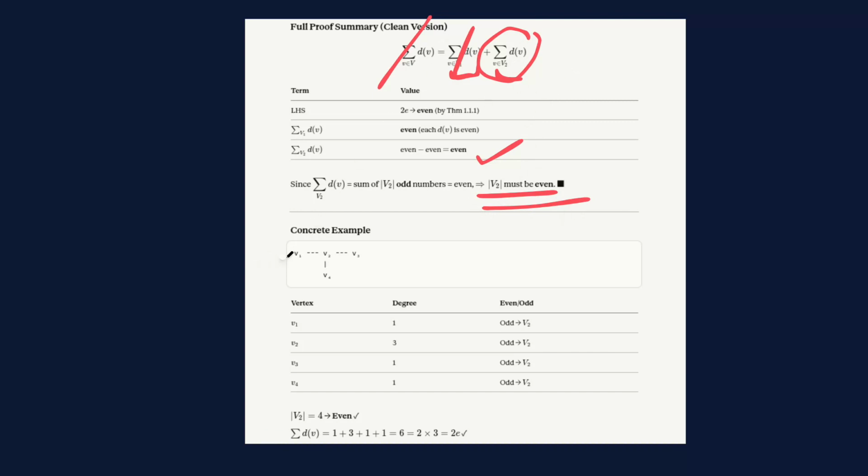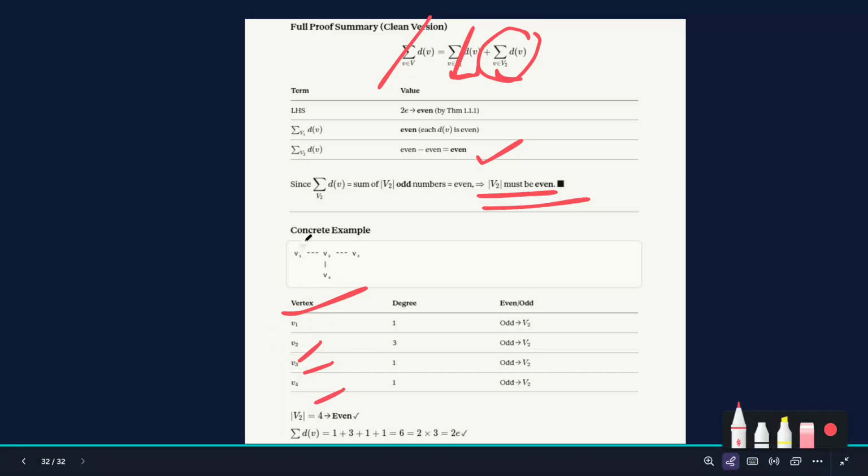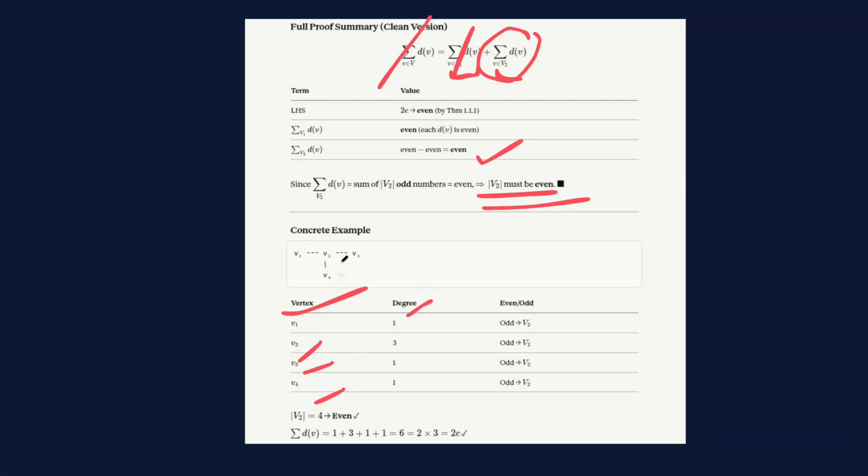Here you can see V1, V2, V3, V4. We have a different example. V1's degree is 1, V2 is 3, V3 is 1, V4 is 1. These are all odd degrees. If I'm doing the odd degree sum, 1 plus 3 plus 1 plus 1, what am I getting? 2, 5, 6.